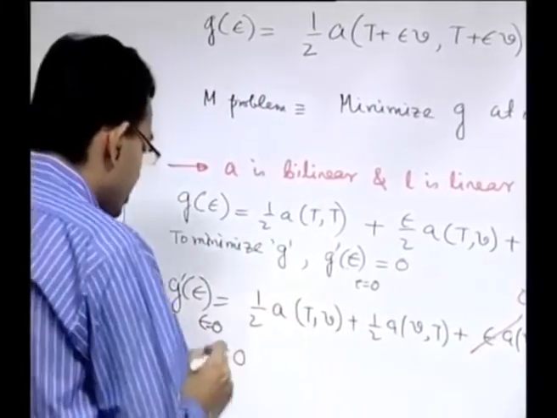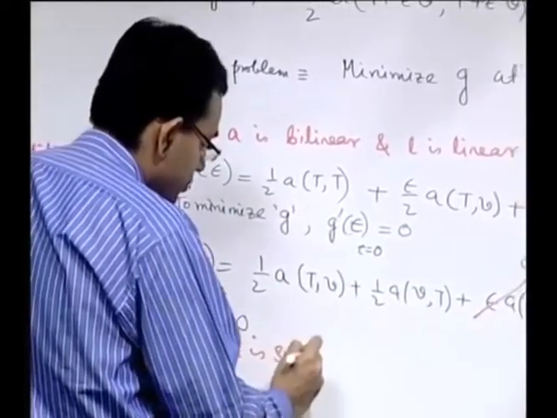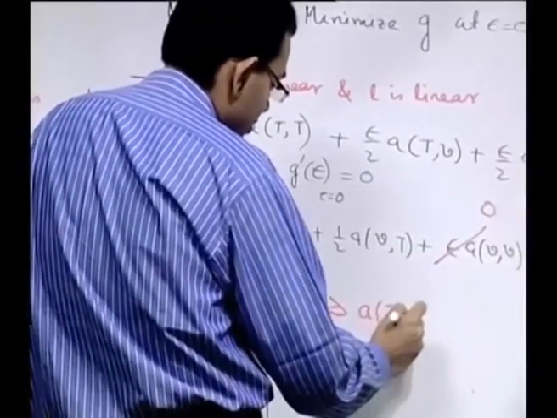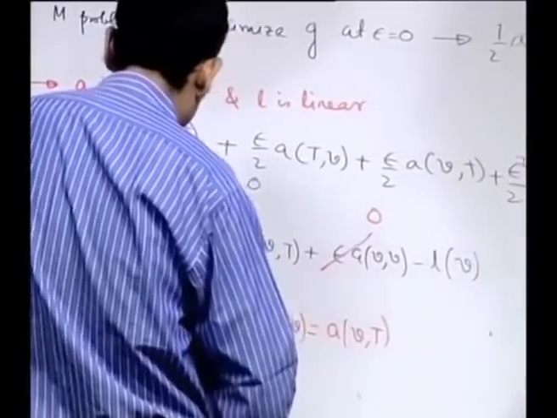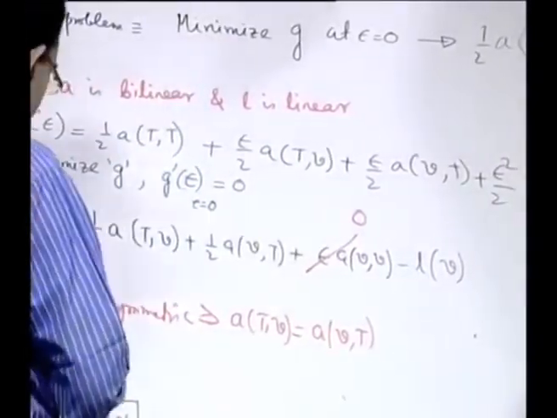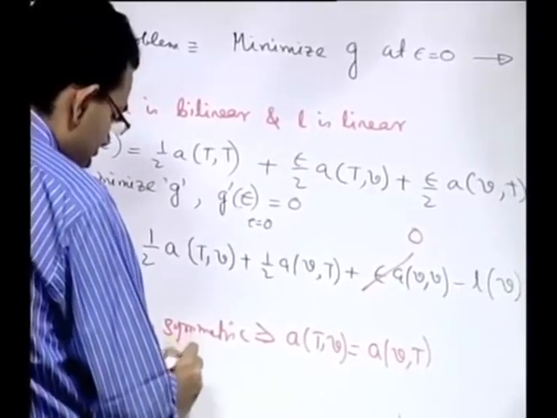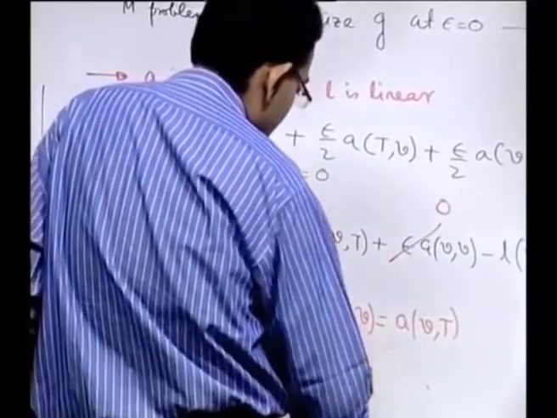So A is symmetric implies ATV equal to AVT, which implies ATV equal to LV, which is the V form.